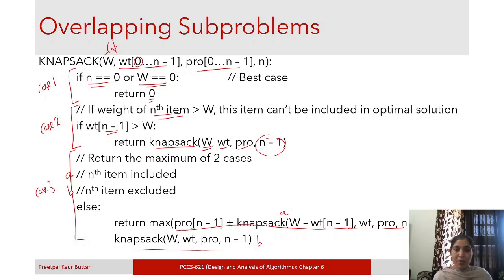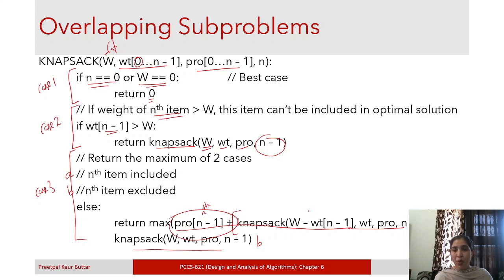Okay, so this is case 3A, that is the item is included. In that case, what will happen? You will earn the profit of that item, right? Profit n minus 1 because nth item is stored at index n minus 1. Okay, so profit of nth item is added to your total profit, and the remaining problem which is left is this: knapsack W minus weight of nth item.